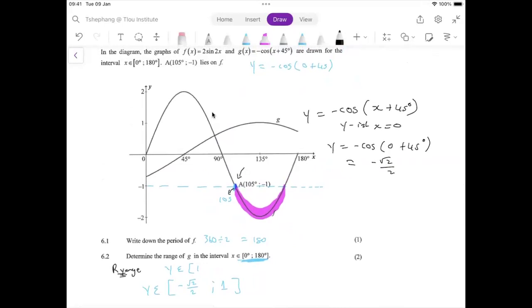Now, for the next part, this is the question that everybody has for me. What we're going to do is, in simple terms, I think the calculation will be the easiest way for you to go about it. To say negative cos of x plus 45 equals to minus 1. And then find the general solution, right? So cos of x plus 45 equals to positive 1.